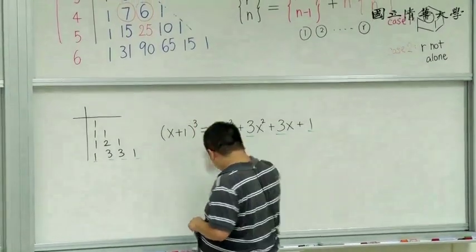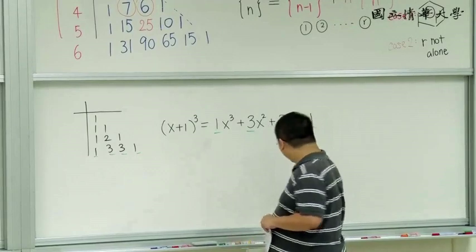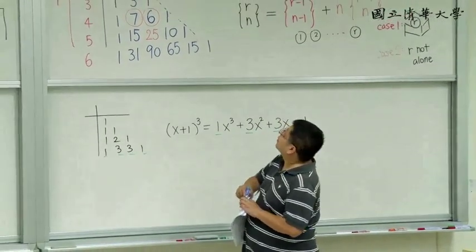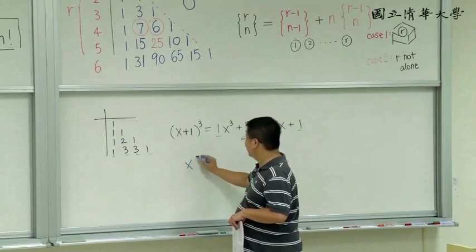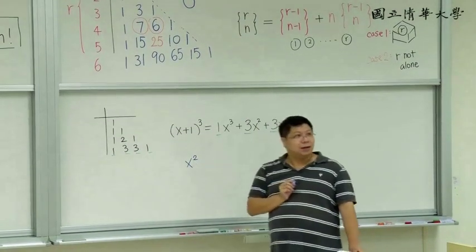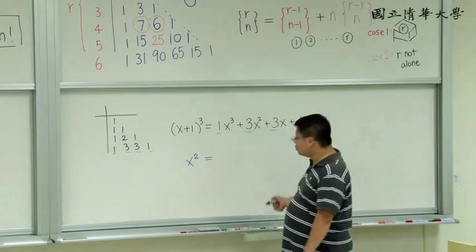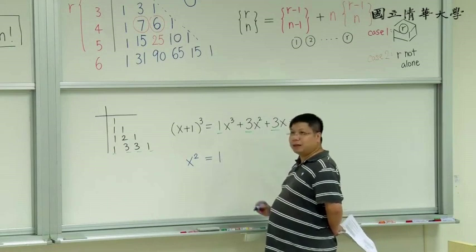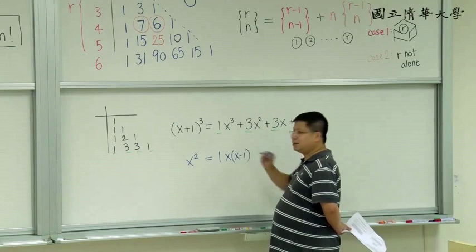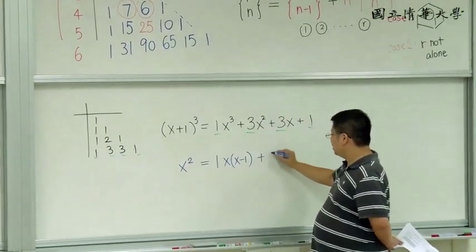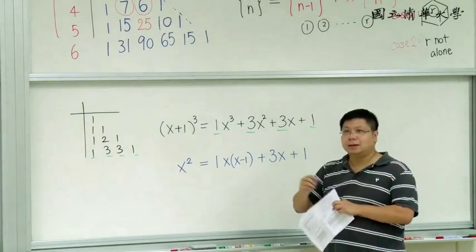Okay. So how is 1, 3, 1 occurring in a formula? Let's take a look at x squared. I'm claiming that x squared is going to be equal to 1 times x(x minus 1) plus 3 times x plus 1.